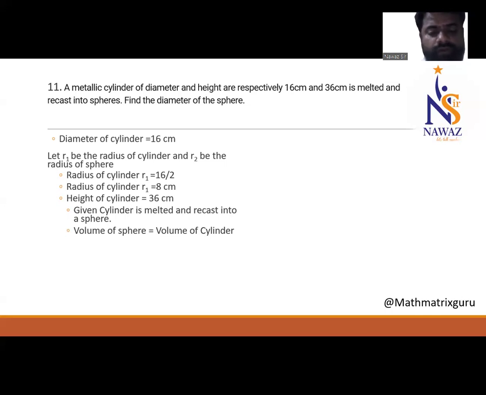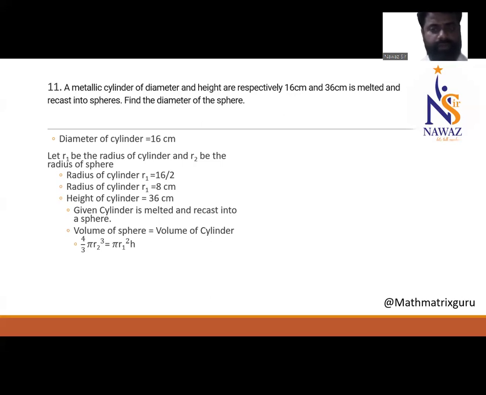The formula for volume of sphere is 4 by 3 pi r cube, but r here is r2, equal to pi r1 square h. Let's substitute the values.